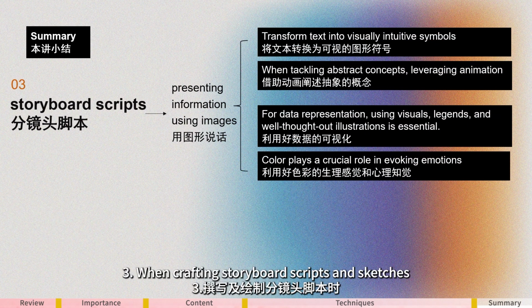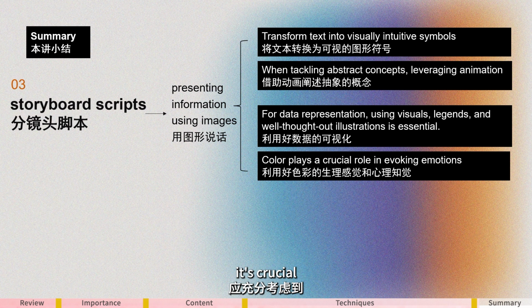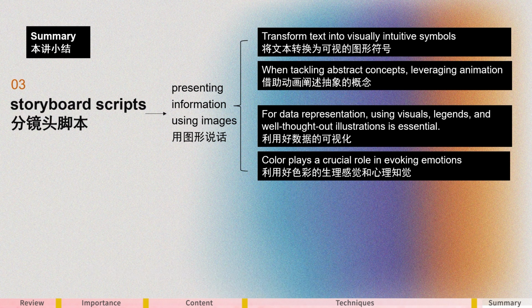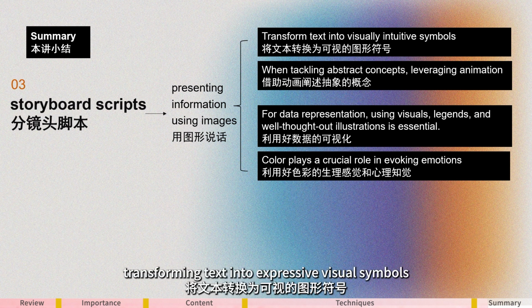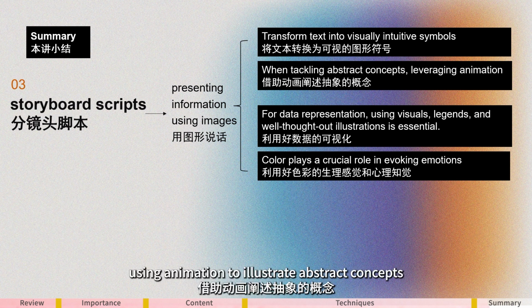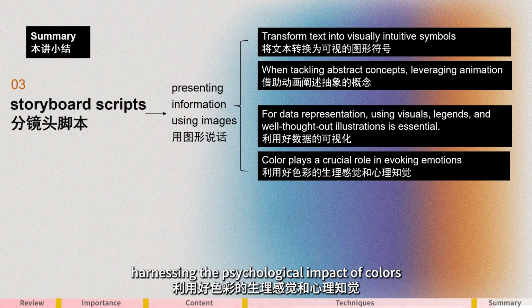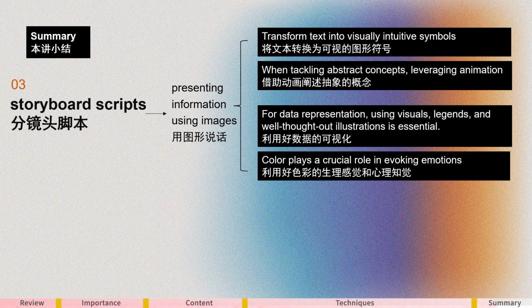When crafting storyboard scripts and sketches, it's crucial to leverage the communicative strengths of motion graphics, using visuals to tell the story. I introduced four techniques for visual storytelling: transforming text into expressive visual symbols, using animation to illustrate abstract concepts, effectively visualizing data, harnessing the psychological impact of colors.